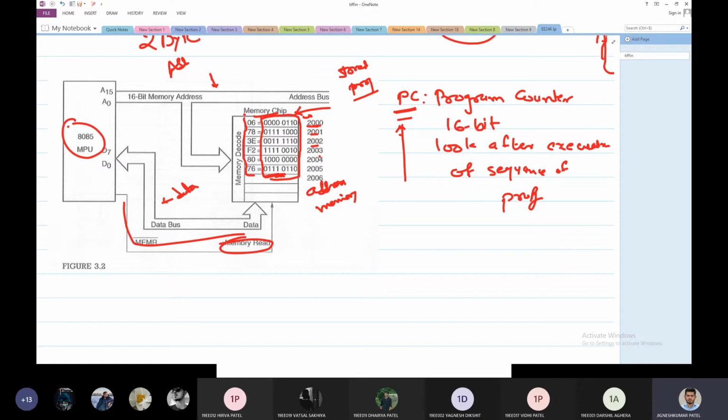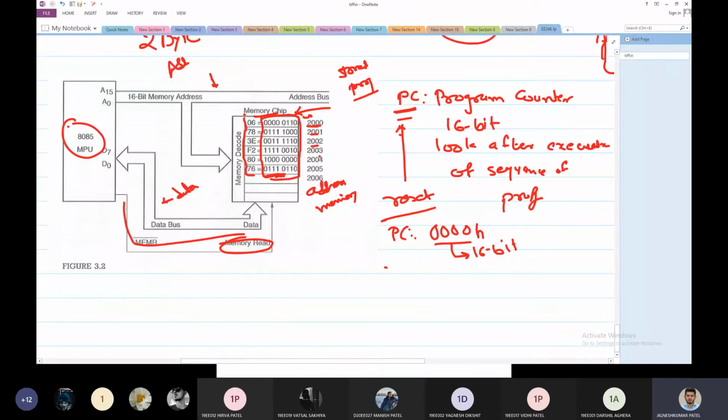That is taken care of by the program counter. So initially, when you reset the 8085, the default content of the program counter, no register is blank ever, is 0000H. Why do you see a 4-digit number? Because it is a 16-bit register, so it can have 16 bits of data.